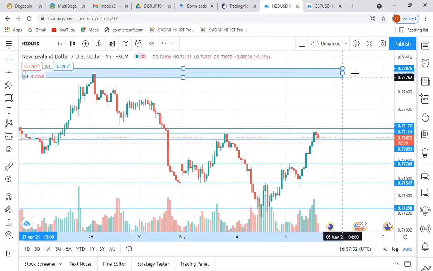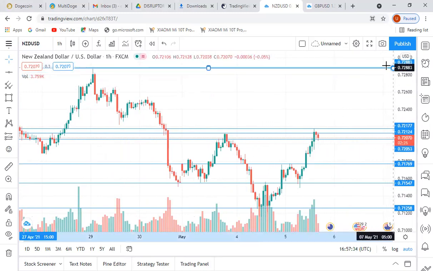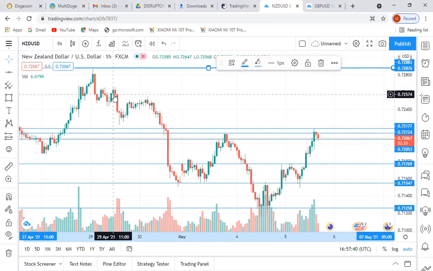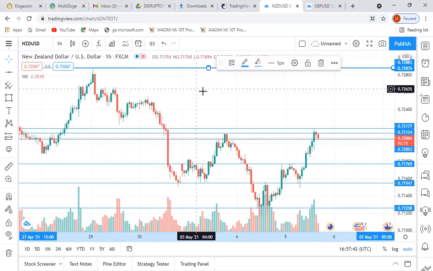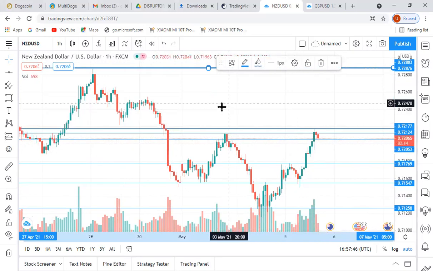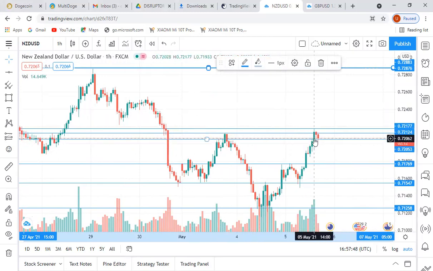That is why we prefer using a higher time frame to analyze, because the more you use 15 minutes, 5 minutes, you'll be straining your eyes, and you'll be limiting yourself from seeing a bigger picture of the market.